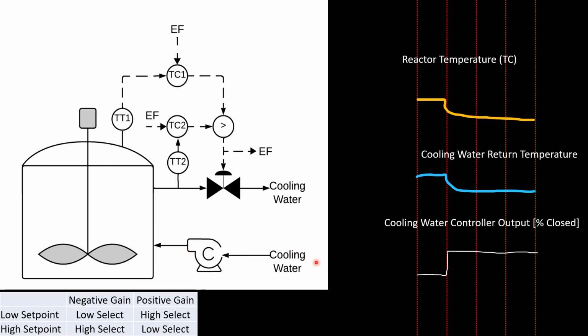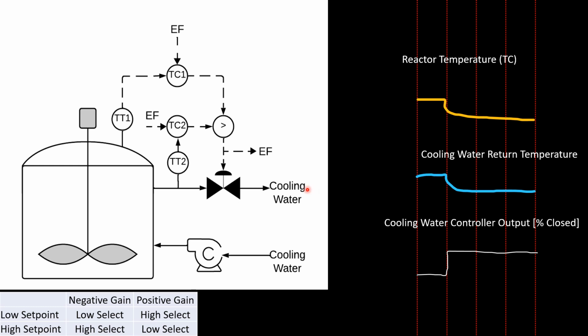So the cooling water is pumped into the reactor, goes to the reactor jacket, where it absorbs some of the heat from the reactor and then is returned back to utilities, most likely.